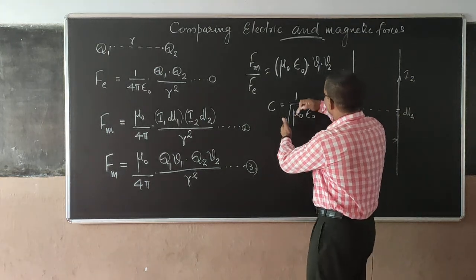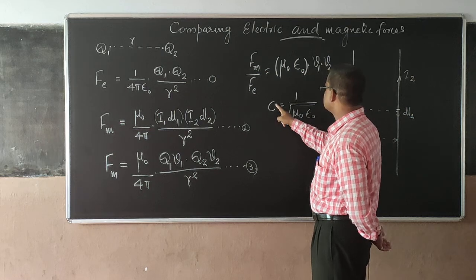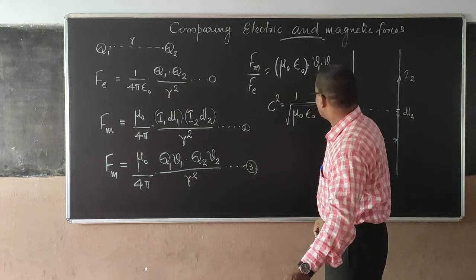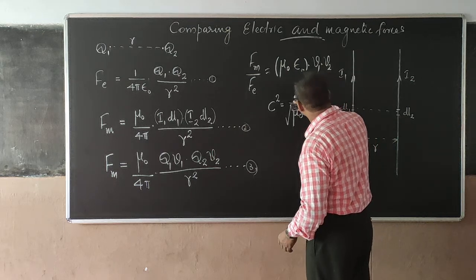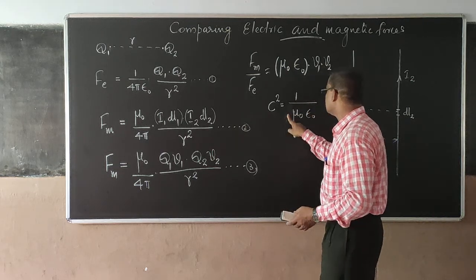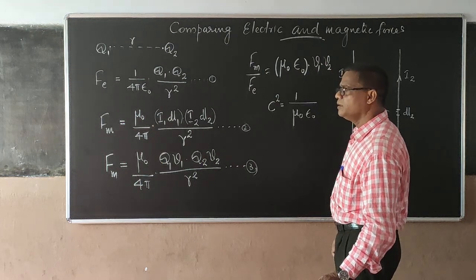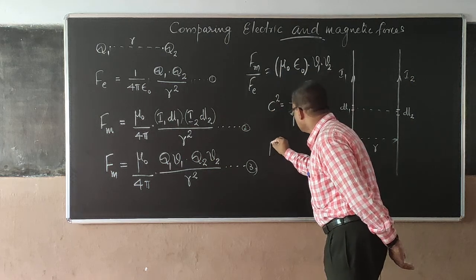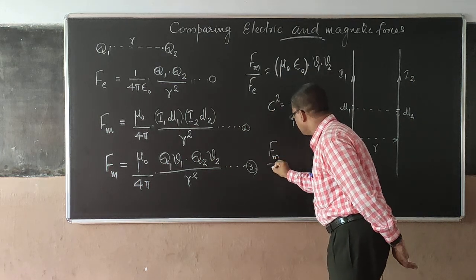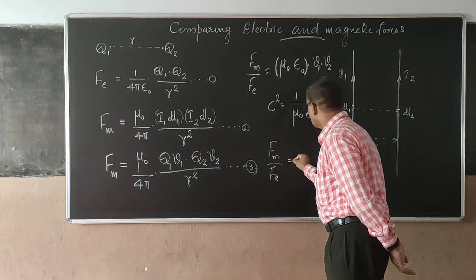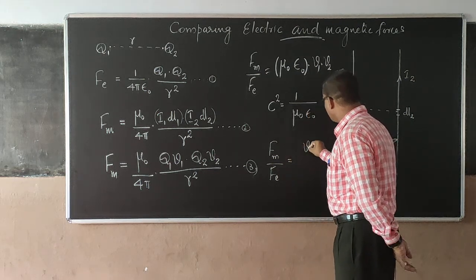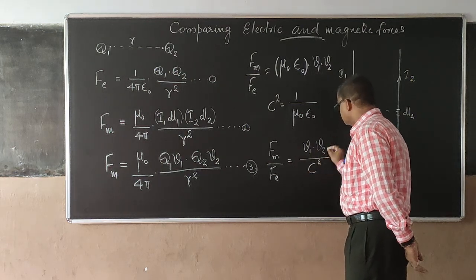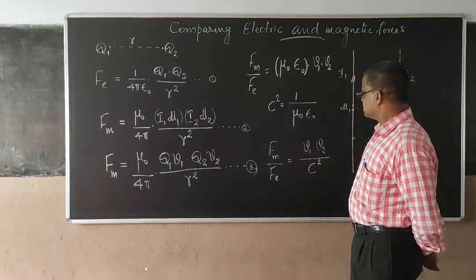Now when I take c square, the root goes, and mu 0 epsilon 0 is equal to 1 by c square. From this you get Fm by Fe equal to V1 into V2 divided by c square.